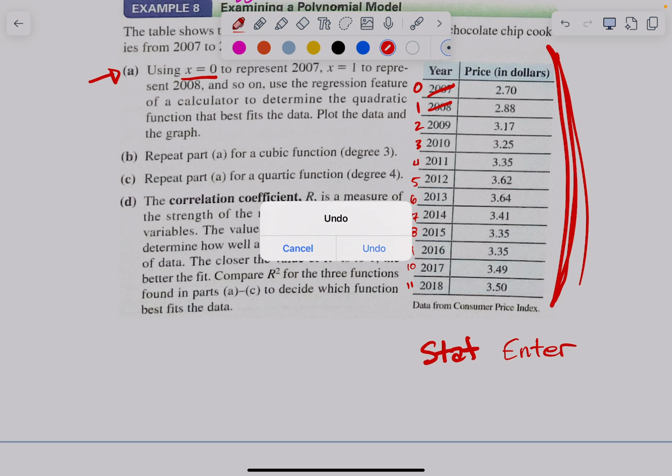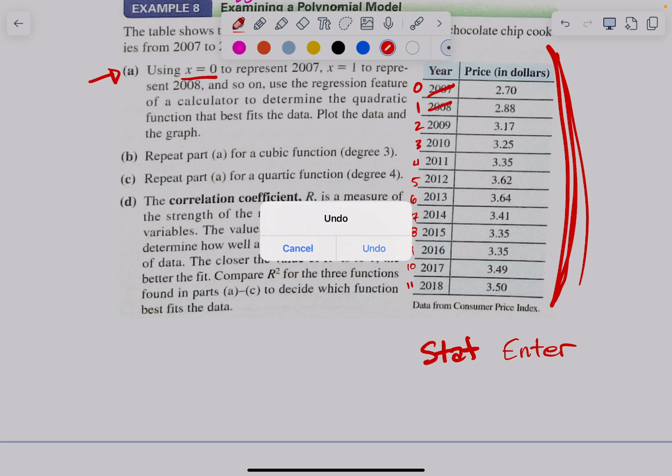Okay, so 0 through 11 in there. 9, 10, 11. Okay, and then you type in the other values in the other column. 2.7.